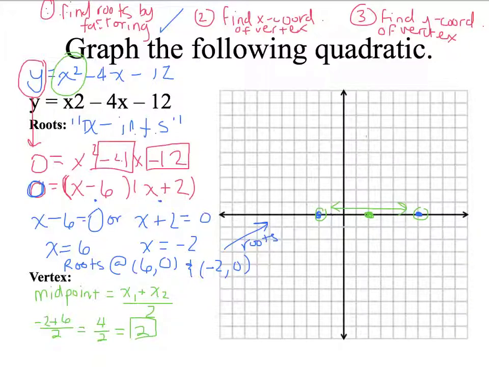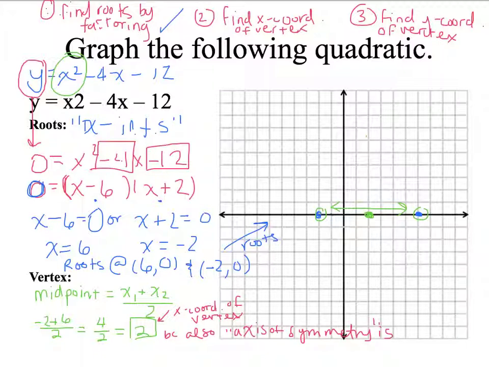Okay, so this 2 tells us two things. This is the x coordinate of the vertex, and the reason we know that is because it's also the location of the axis of symmetry.